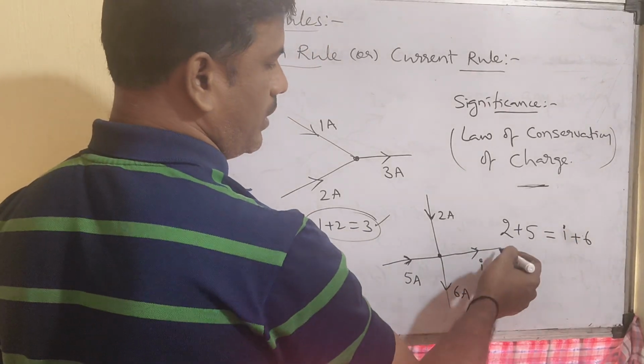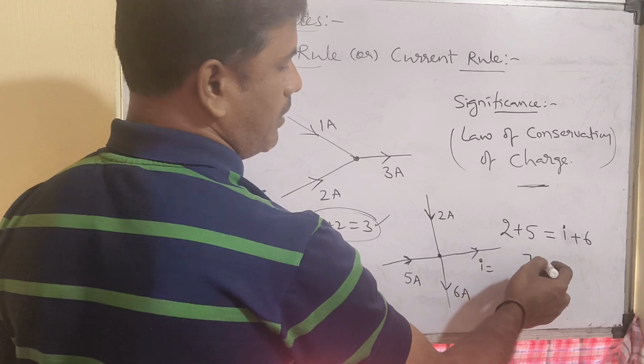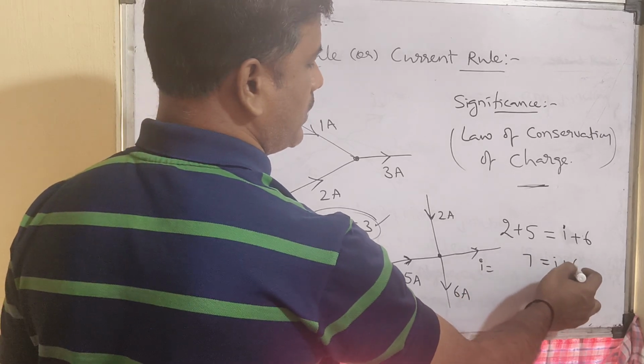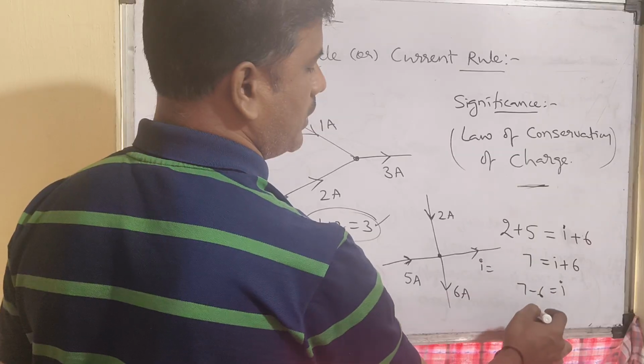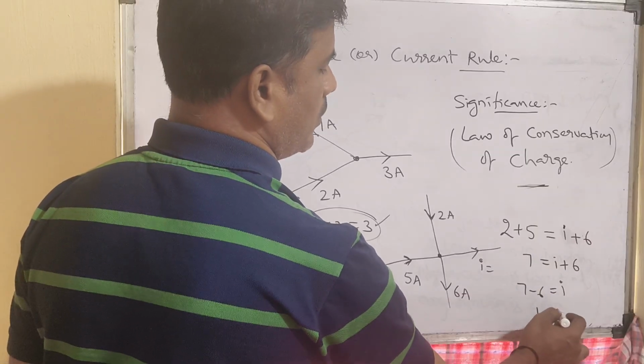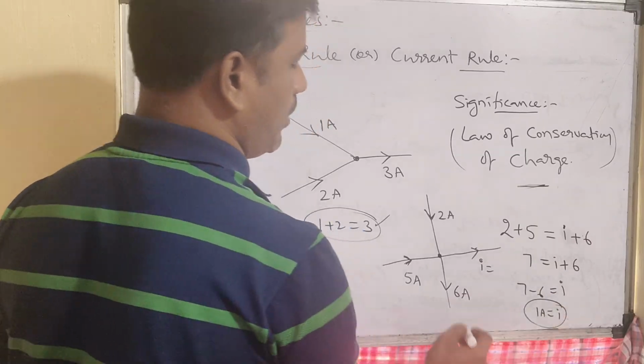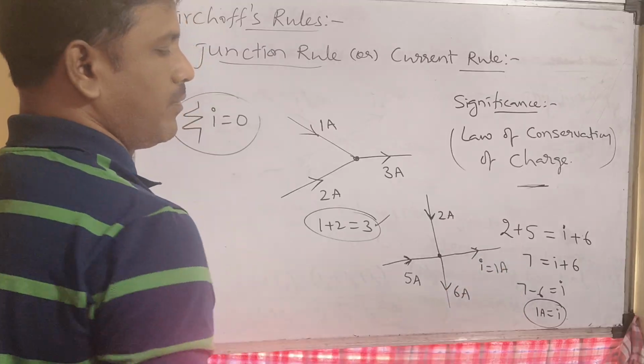Here 2 plus 5 is 7, equal to I plus 6. So I is 7 minus 6, which equals 1. So a current of 1 ampere passes.